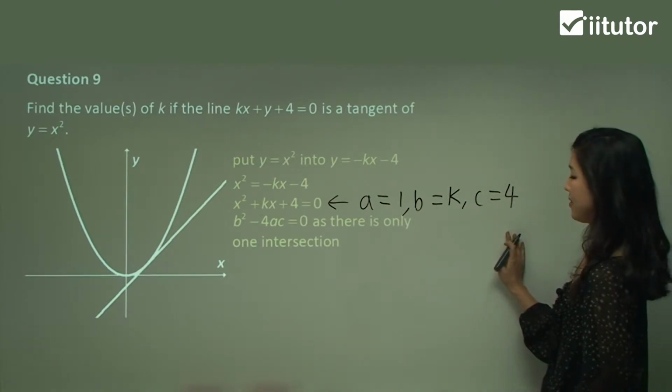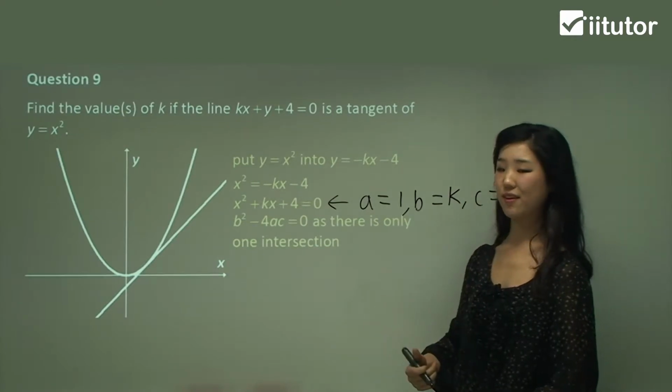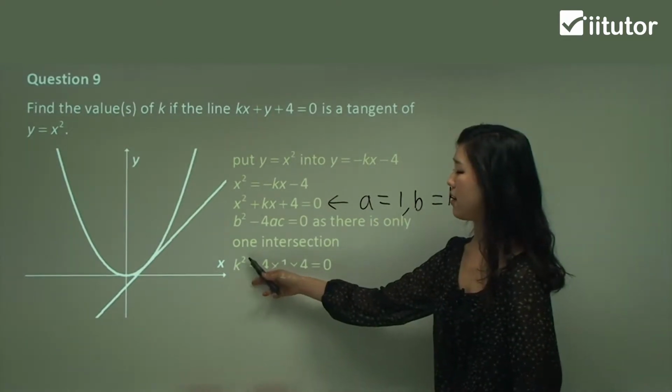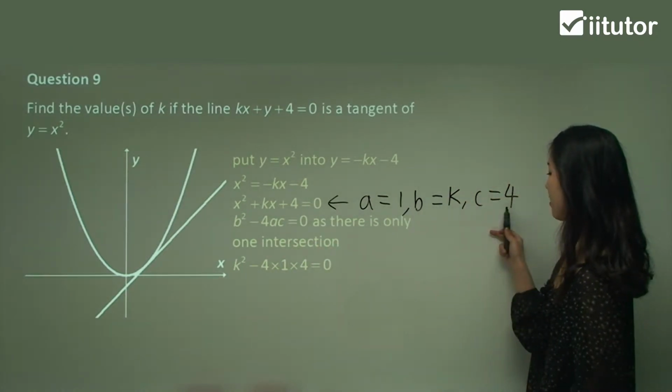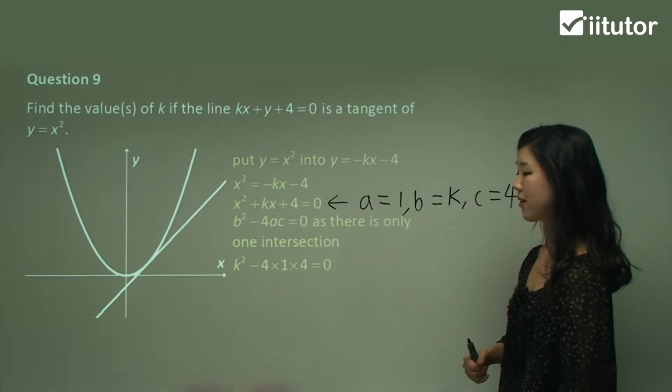Can you see that? So let's just sub it into b squared minus 4ac equals 0, just like this. So b is k, so I'm going to go k squared minus 4ac. a is 1, c is 4, so I'm going to go 1 times 4. Alright, and that's all equal to 0.